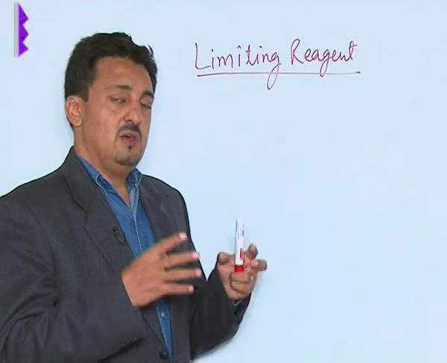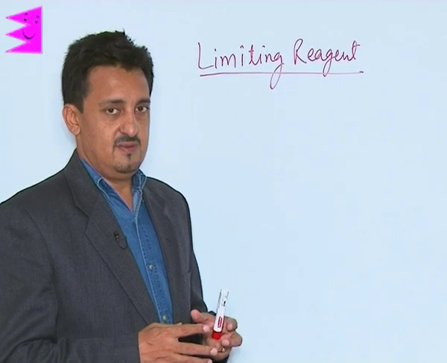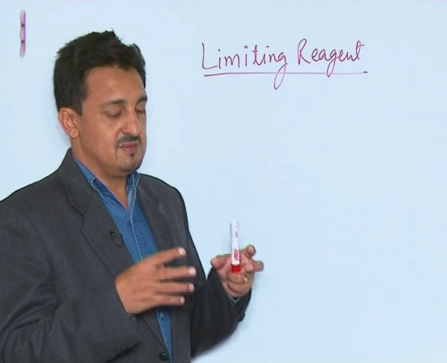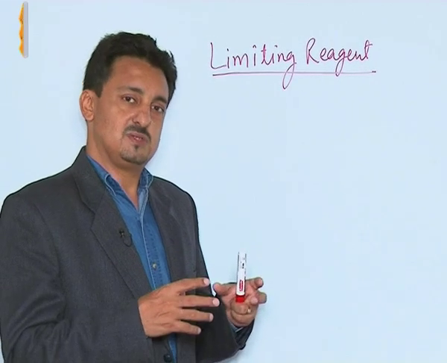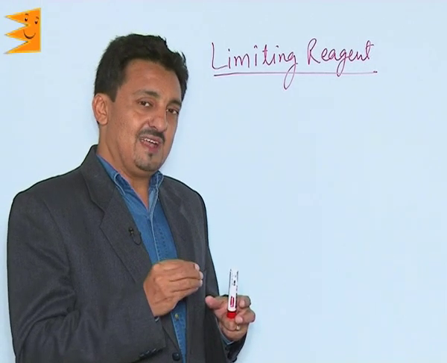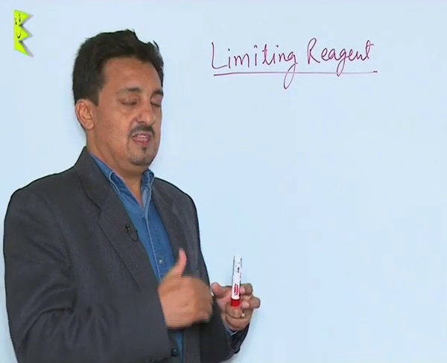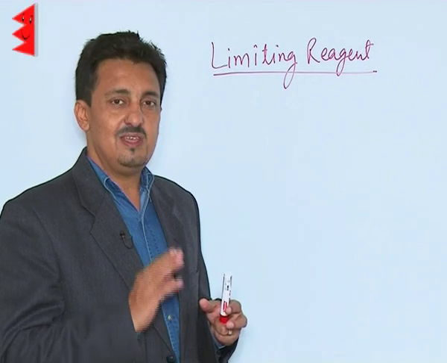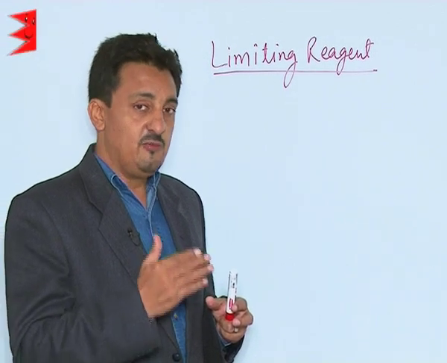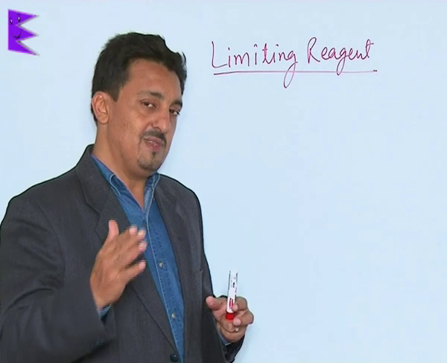If both of the reactants' amounts are given, then definitely they should combine in the simplest ratio given as per the stoichiometry or the balanced equation. If any one of those reactants is less than the required amount, that reactant will get consumed first completely and therefore will not allow the reaction to get completed.